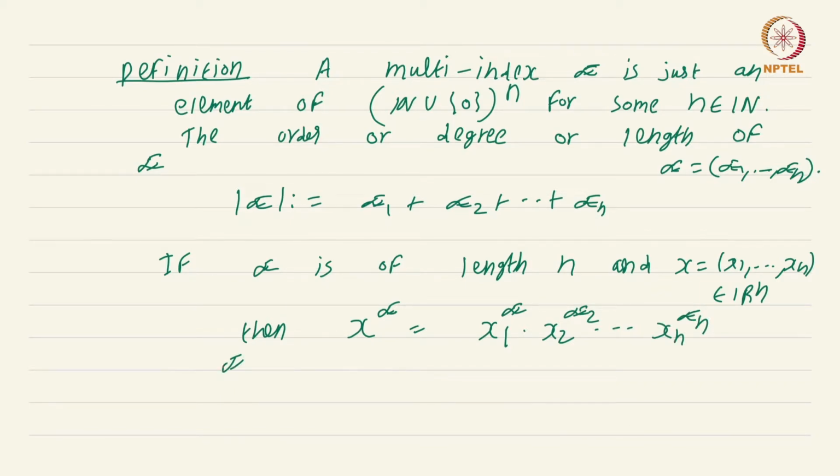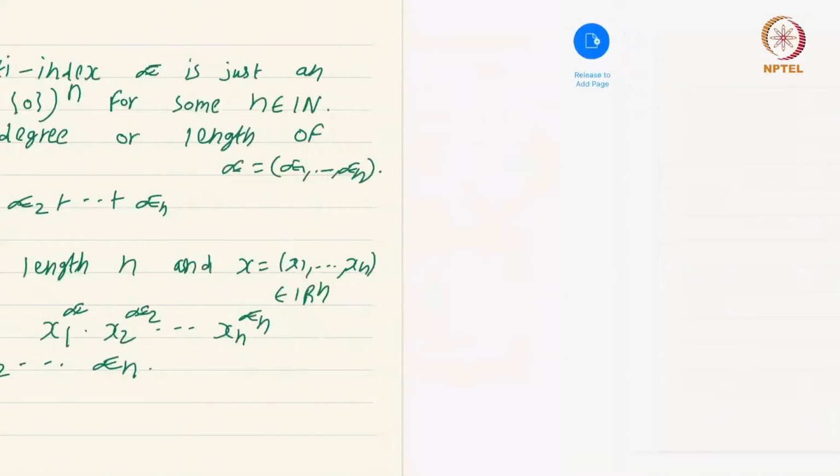And finally, we define alpha factorial to be alpha 1 factorial times alpha 2 factorial ... alpha n factorial. Okay, so these are the various operations that you can do with multi-indices. Of course, you can add multi-indices. I'm not going into that because it's just component wise. One more thing I need to define for you.